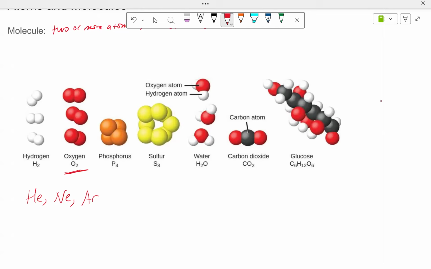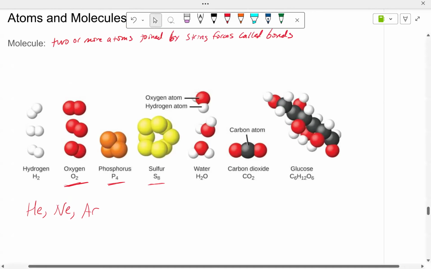You can see some examples of that, like I pointed out hydrogen and oxygen. Phosphorus is an element on the periodic table, but exists as a molecule of four phosphorus atoms bonded together. Sulfur as well. One of the forms of sulfur, there's a few of them, has 8 sulfur atoms bonded together. We can apply this to things that have different elements in them. I've used water a whole lot in our examples, but water is composed of hydrogen atoms and oxygen atoms.